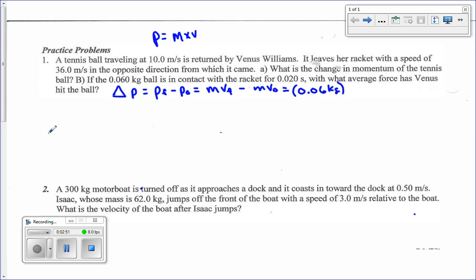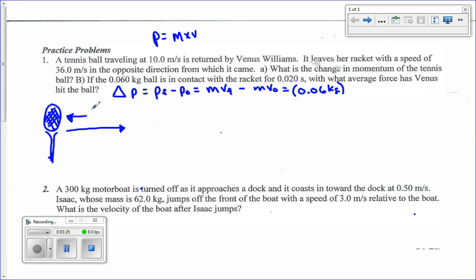Here, let's draw a picture of the situation. It's always best to draw a picture of the situation. So here's Venus's racket. And here's the velocity vector for the ball coming in. Here's the velocity vector for the ball going out.